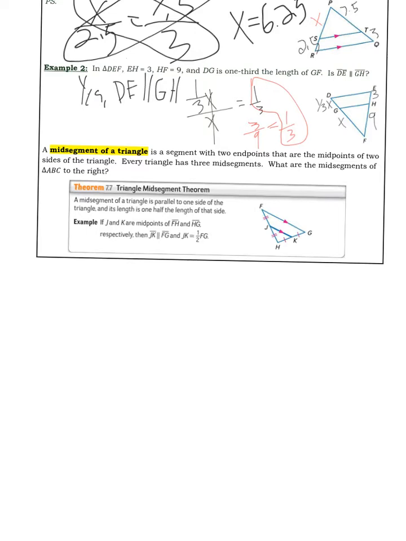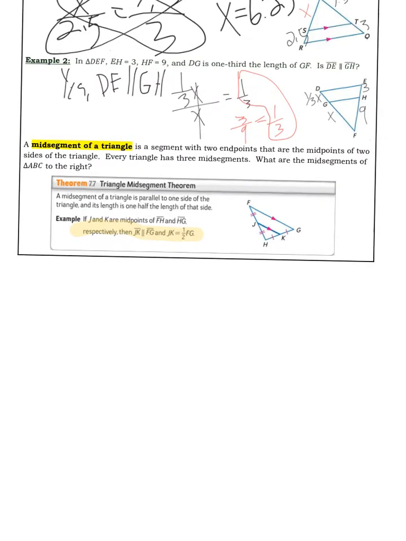Okay, anyway. Here's the triangle midsegment theorem. And it's important that you read it or else it gets kind of confusing. If J and K are midpoints of FH and HG, then JK is parallel to FG, and JK is 1/2 the length of FG.